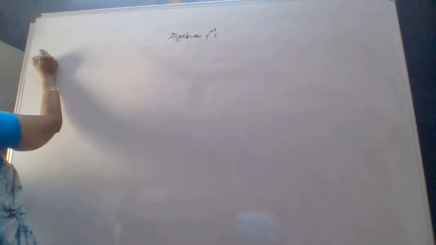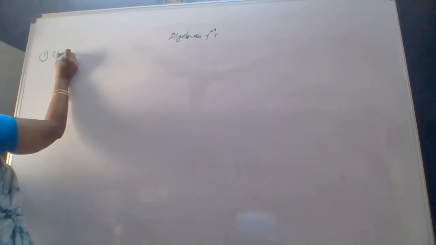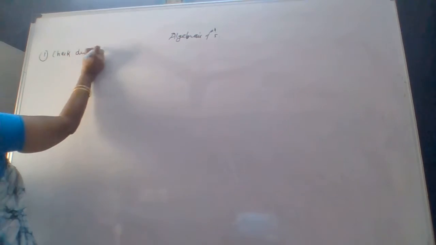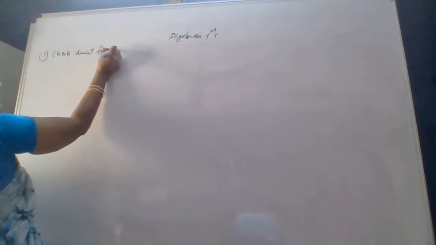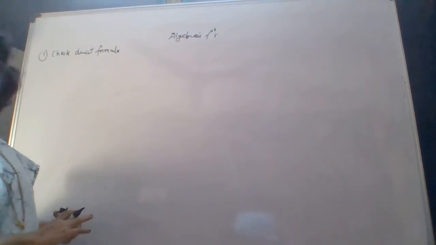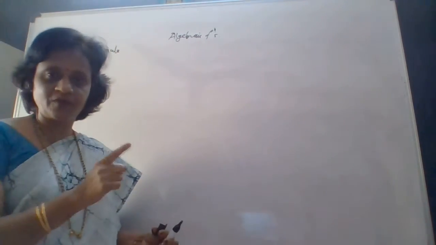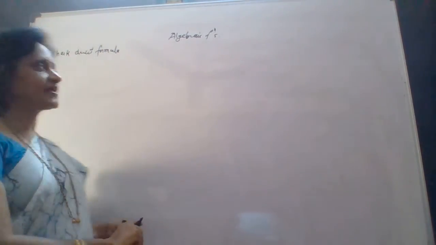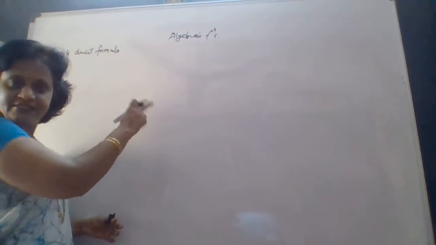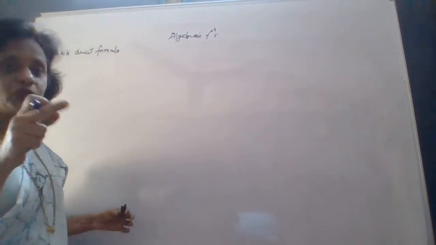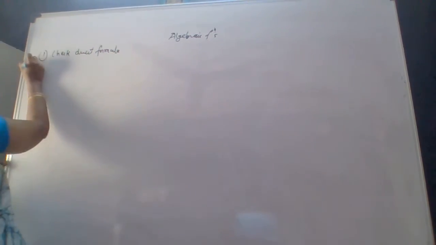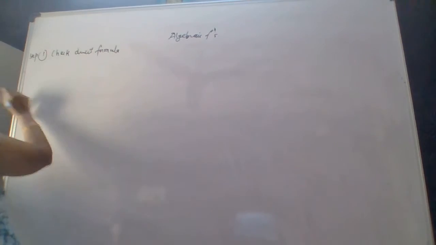I will just recollect. Our first step was to check whether it has a direct formula or not. In the previous video, I explained properly how to check that. If yes, apply it. If no, we go for the next step.